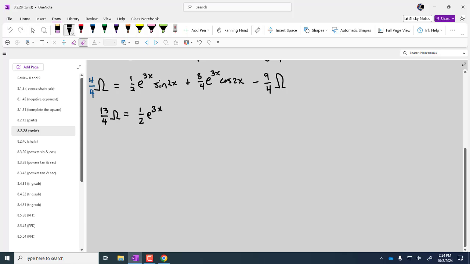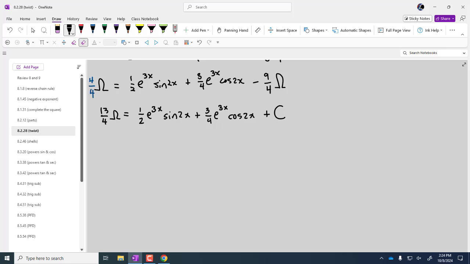One thing to keep in mind at this step is that we have to introduce a constant of integration. As soon as we move that omega to the other side, we need a constant of integration. Omega represents an indefinite integral, and an indefinite integral is always a family of functions, so we need that c.